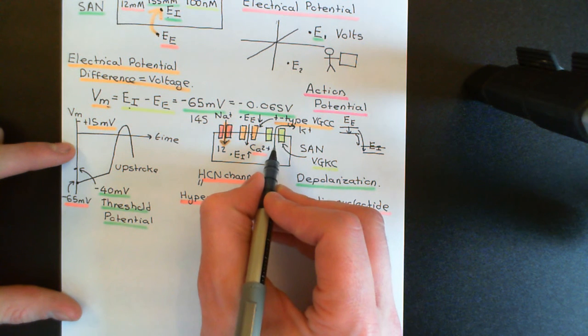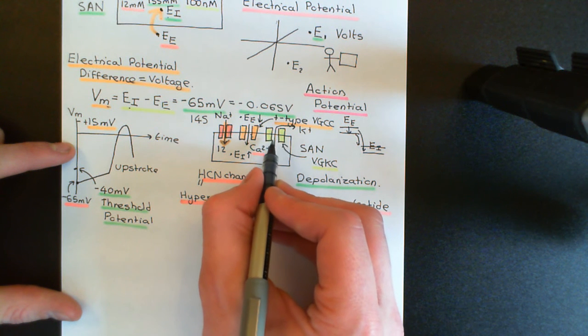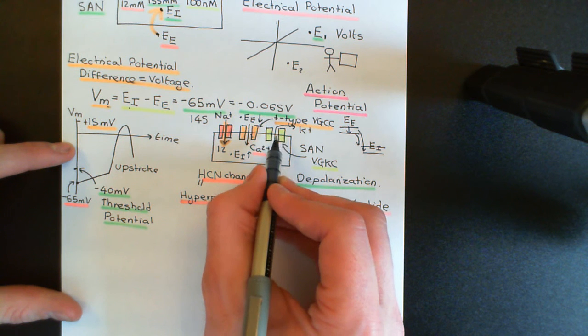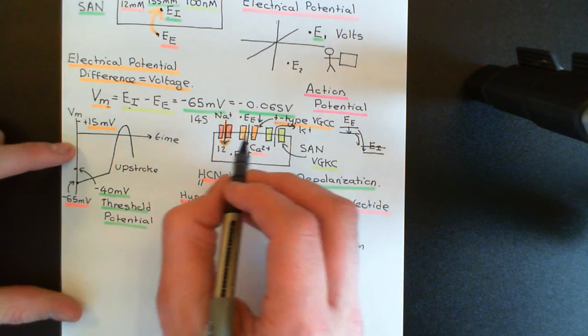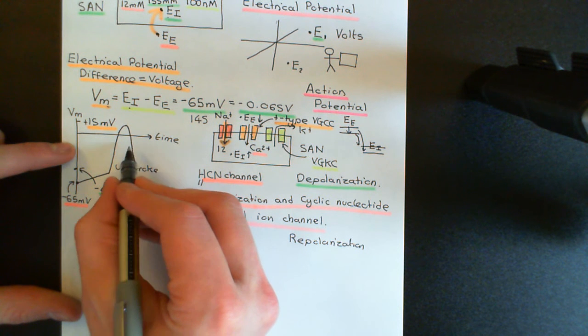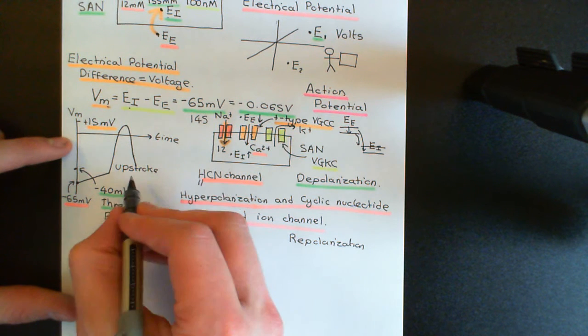Okay, so that wins still. You'd have to get the electrical potential difference across the cell membrane down to something like negative 80 millivolts before that will be strong enough to actually stop the movement of potassium out because of the concentration gradient. So yes, it will slow the movement of potassium out, going to more negative electrical potential differences, but it won't stop it.